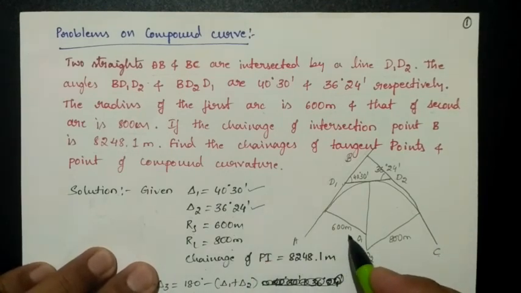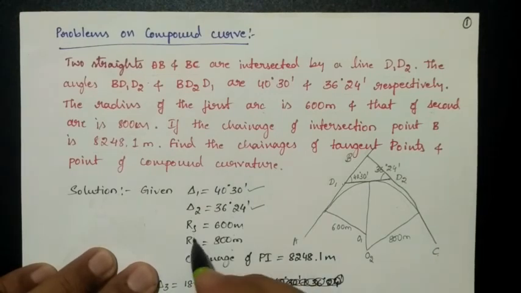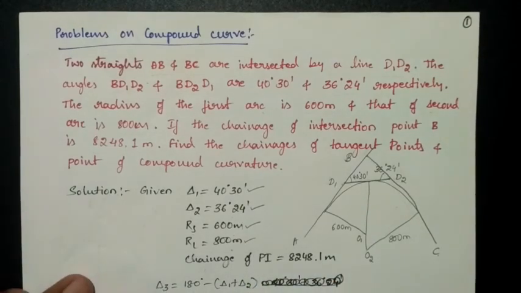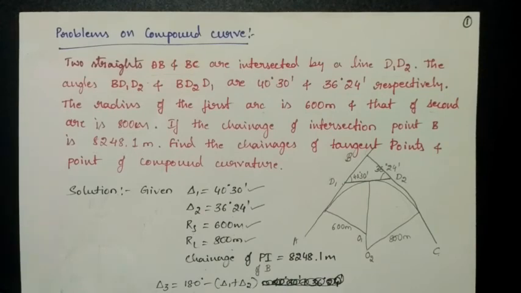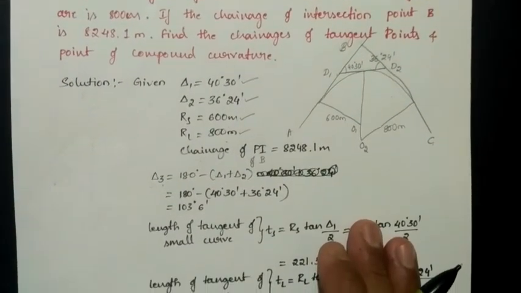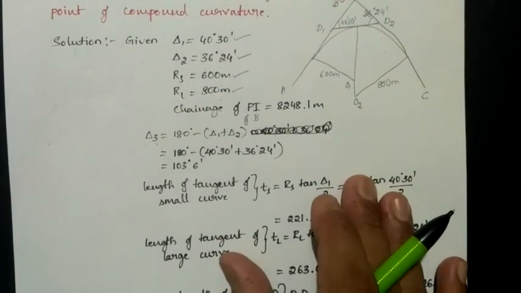As the first arc is having radius 600 meter and second arc is 800 meter, then the first arc is taken as RS and the second arc is taken as RL. Next, the chainage of point of intersection B is 8248.1 meter.